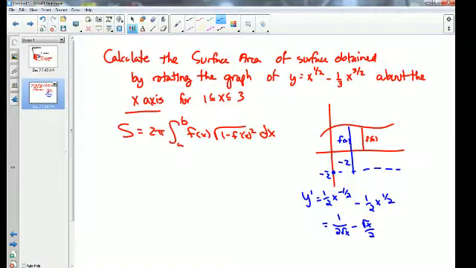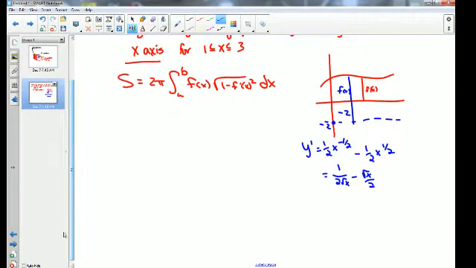And now we can write our integral. Let's square it first. I find it easier to square here. Over 4x. That does actually work out quite nicely. Minus 1/2.